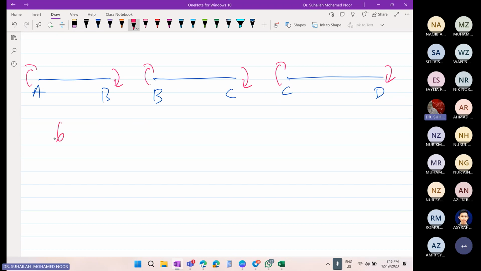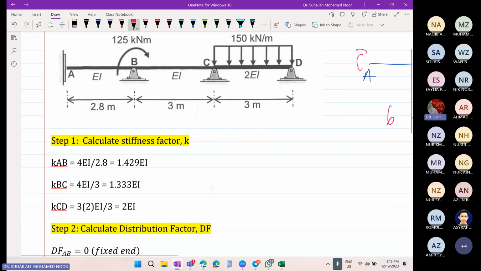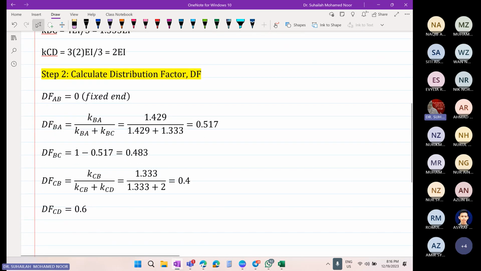So these end moments produce 6 distribution factors: DFAB, DFBA, DFBC, DFCB, DFCD, DFDC.